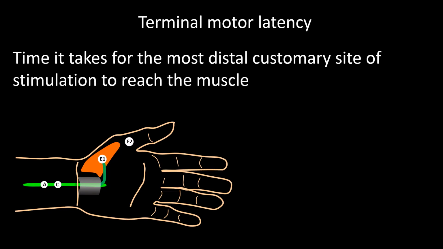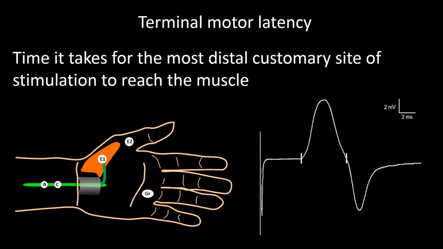Reference is usually placed over the abductor pollicis tendon close to the thumb, and the ground electrode must be placed in the palm. As you know, the polarizing current is under the cathode. Here I have introduced the potential recorded after such a stimulation with the designated recording parameters.